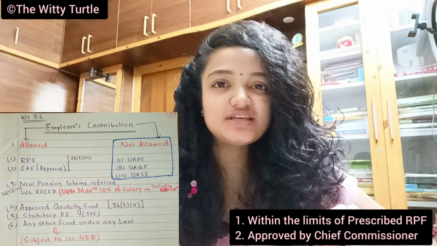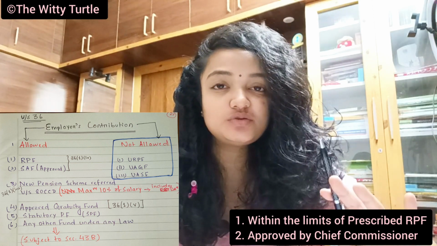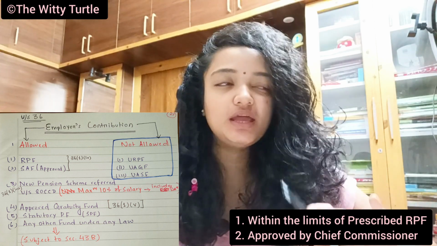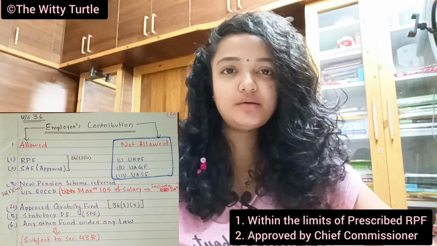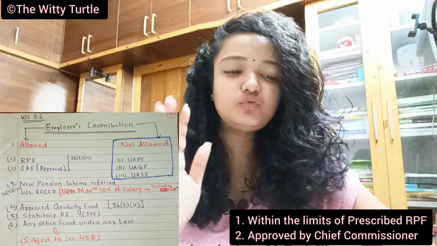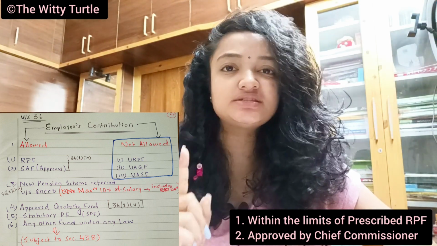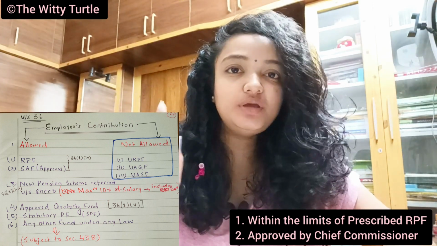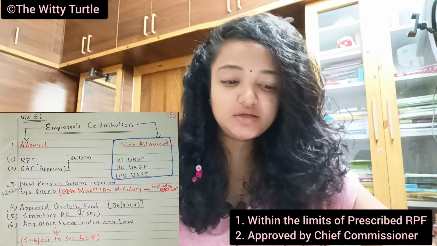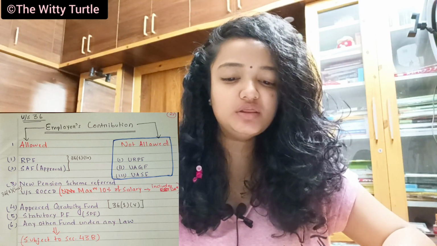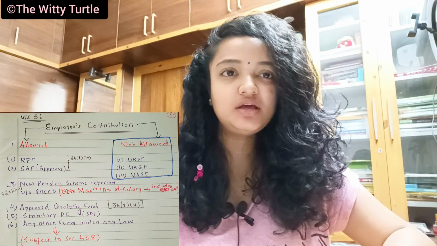So the next section, that is your section 36, subsection 1, clause 4A, says that if any sum is paid by the employer by way of contribution towards the new pension scheme under section 80 CCD, then it will be allowed as a deduction, but it should not exceed 10% of the salary of the employee in the previous year, right?